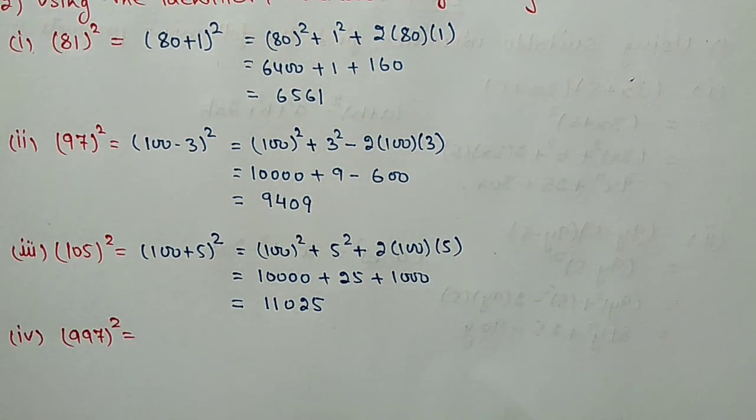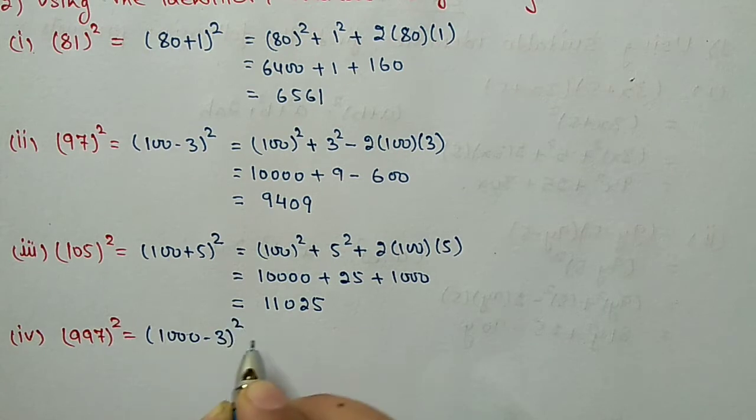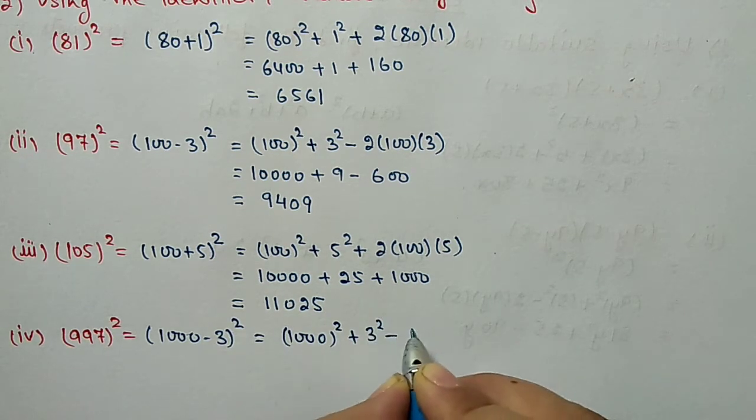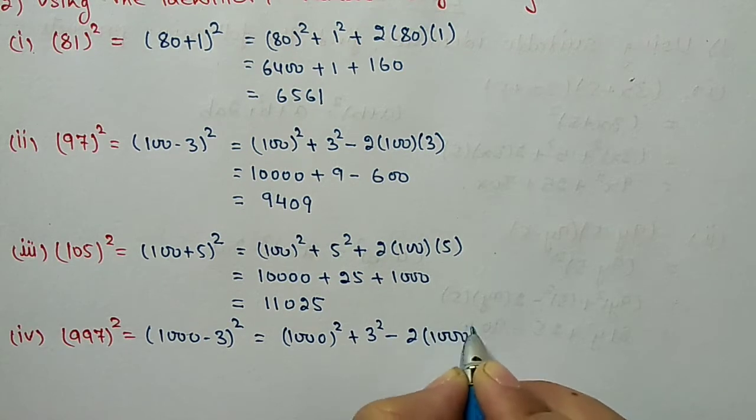Next, fourth part, 997 whole square, which we can write as (1000 minus 3) whole square. Now use the (a minus b) whole square formula. A square means 1000 square plus b square minus 2ab.